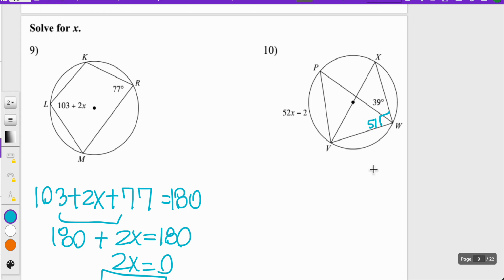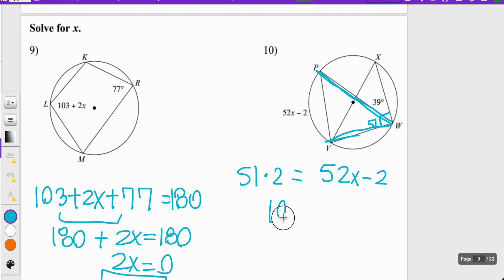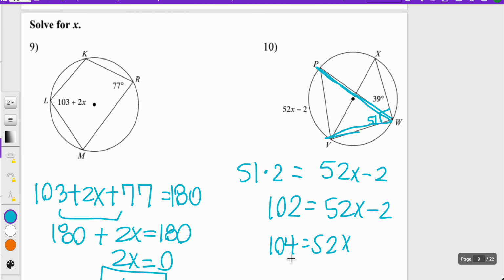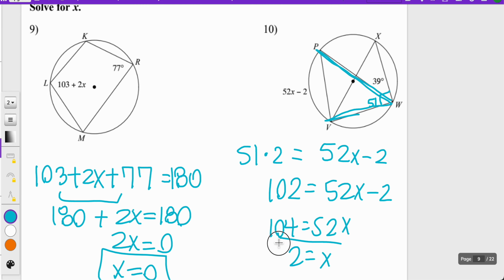And then 51 is intercepting this arc here, so 51 times 2 will be equal to that 52x minus 2. So 51 times 2 is 102 equals 52x minus 2. That'd be 104 is equal to 52x, so 2 is equal to x for number 10.